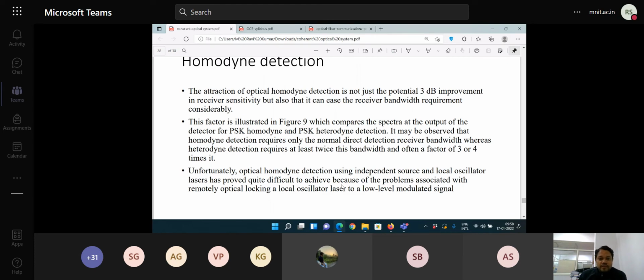But there are problems associated with homodyne detection using independent source and local oscillator. And this phase locking is a necessary part, and it is not that simple to implement.